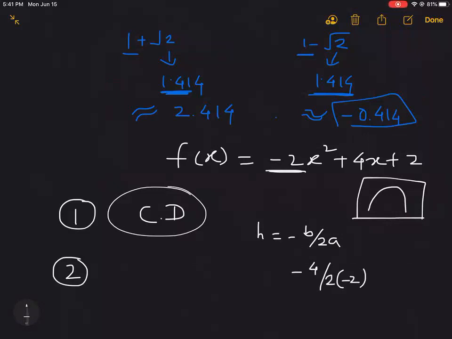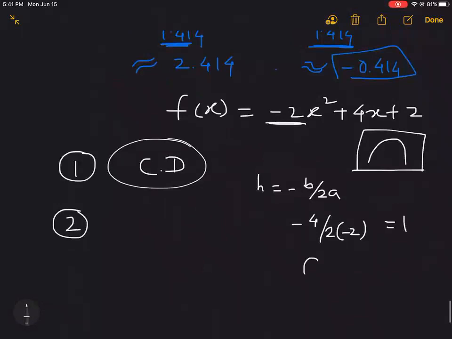So negative negative will get cancelled. 4 over 4, it will be 1. And the functional value at 1 will be negative 2 plus 4 plus 2, so it would be 4, right? So our vertex looks like 1 comma 4. We'll soon see whether it's right or not.